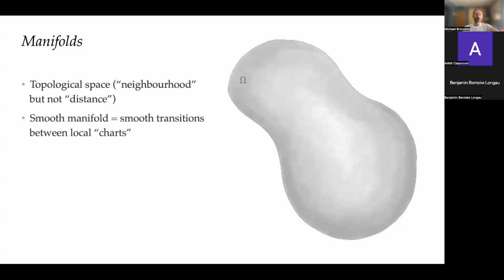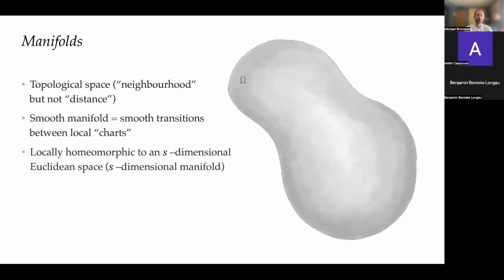Okay, what is a smooth manifold? Basically, we have smooth transitions between what are called local charts. A manifold is a topological space that is locally equivalent to the Euclidean space. This is what we call homeomorphic. So an S-dimensional manifold is locally homeomorphic to an S-dimensional Euclidean space.